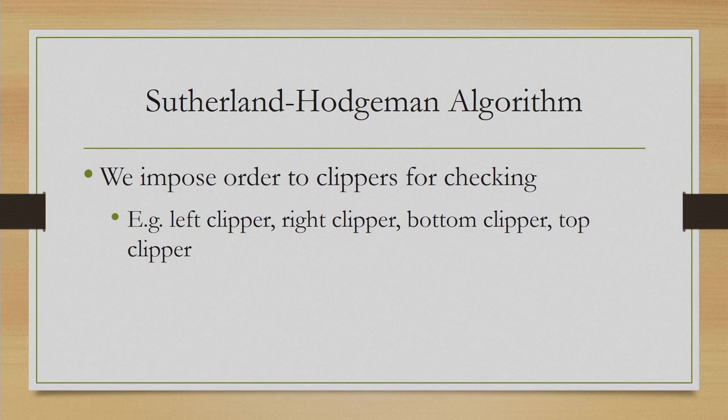Now, when we perform these operations, we impose some order of checking against each clipper. That can be any order. Here in this discussion, we will assume the order left clipper first, then right clipper, then bottom clipper, and at the end the top or above clipper.